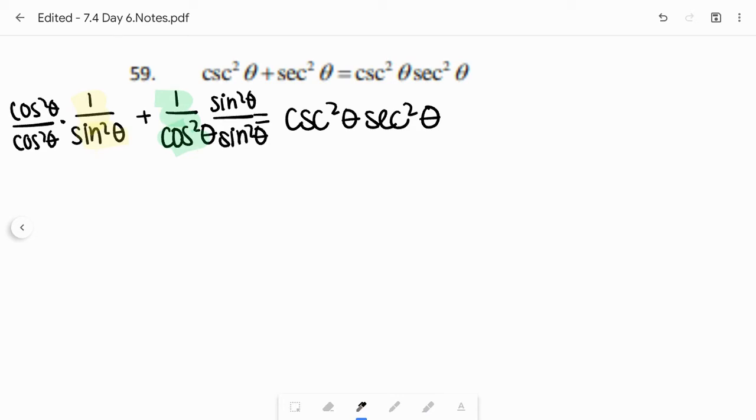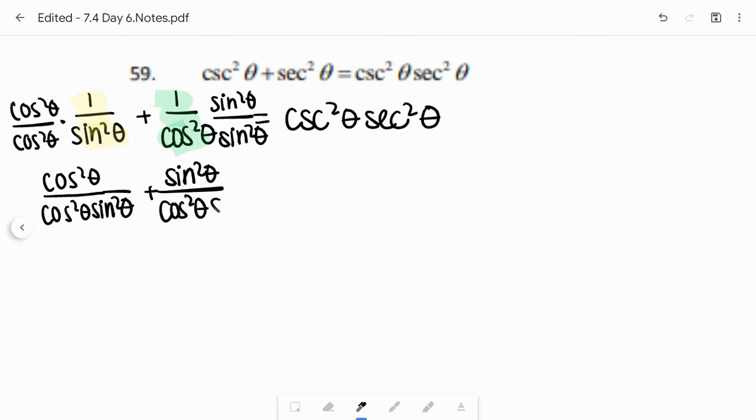Now that'll give me my common denominator. So if we do that, we have cosine squared of theta over cosine squared theta sine squared theta plus sine squared theta over cosine squared theta sine squared theta. And that again equals cosecant squared theta and secant squared of theta.